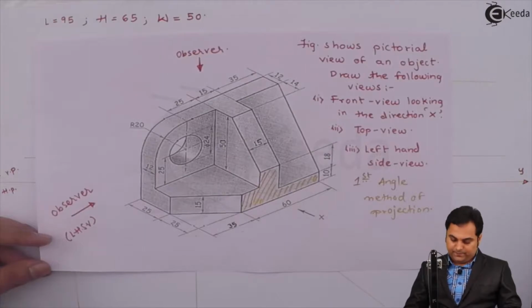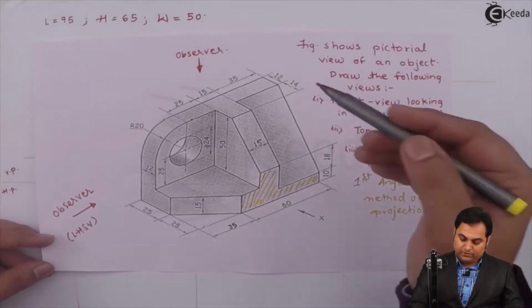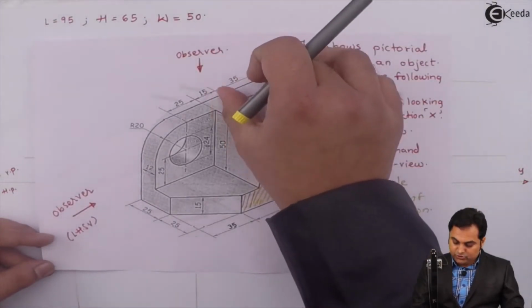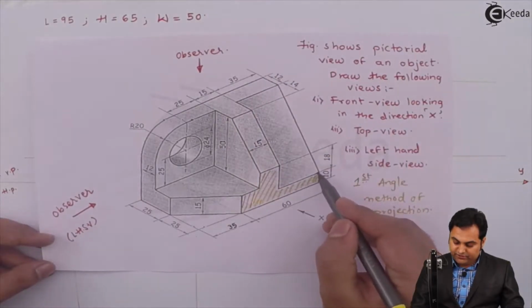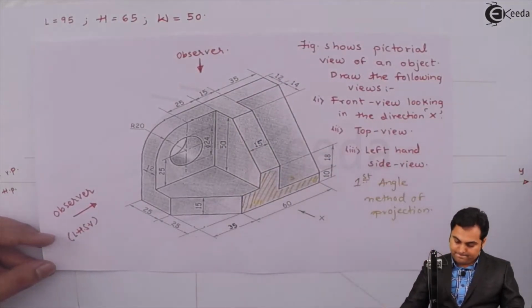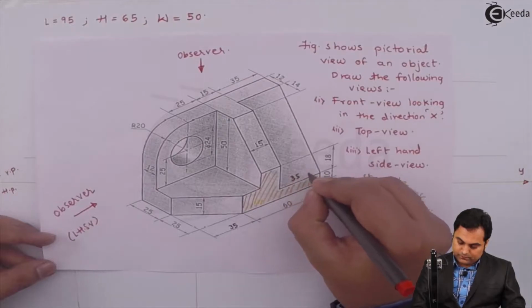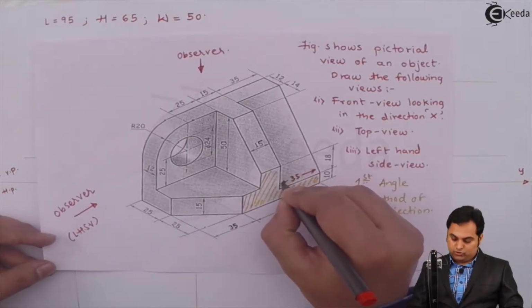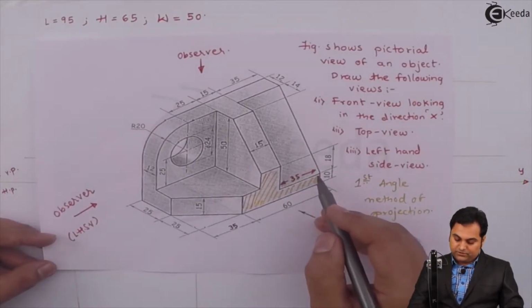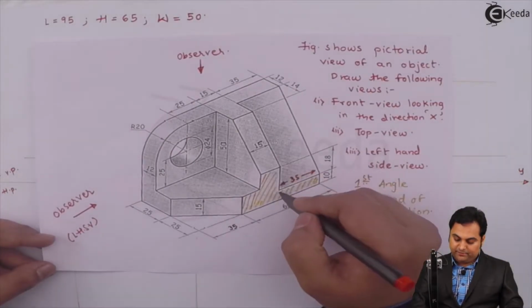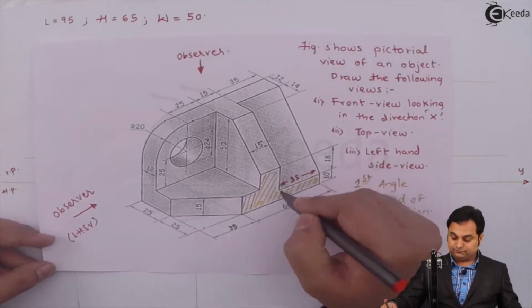If we see here, after 35 mm, because this length is constant, so after 35 mm, this portion is having a height of 18 mm, that is from the right hand side.